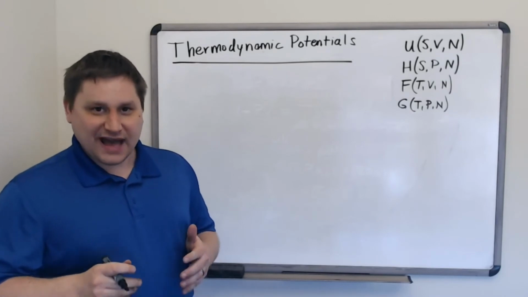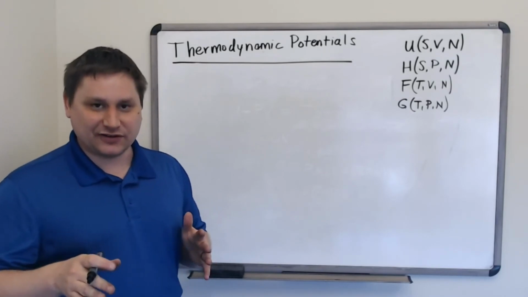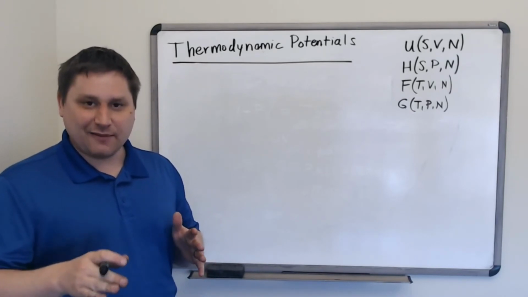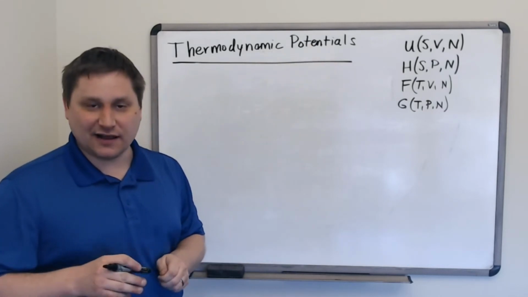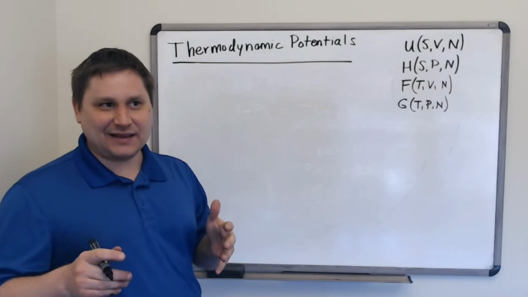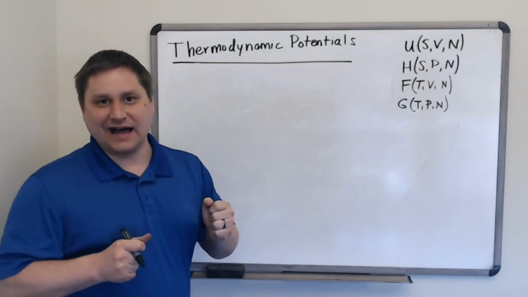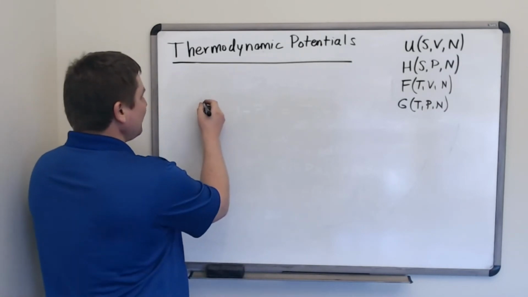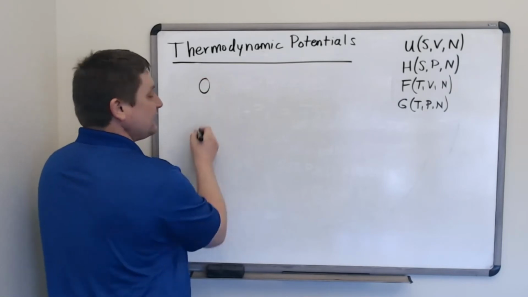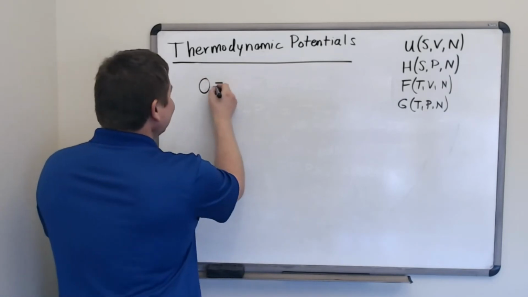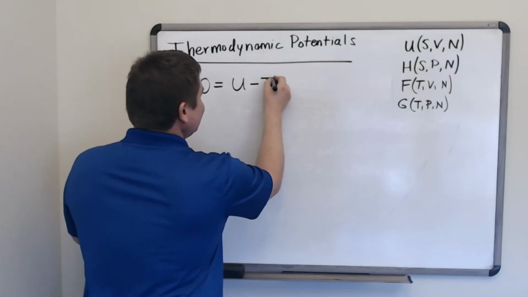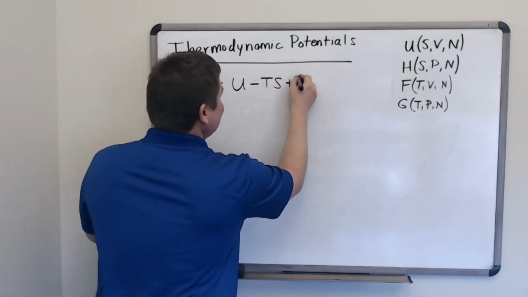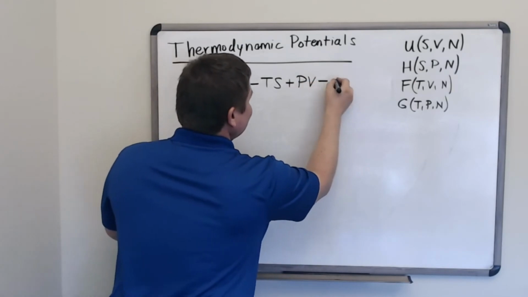We can derive actually a very powerful relationship between thermodynamic quantities, in addition to all the thermodynamic potentials we just discussed, by doing something that seems like it almost ought to be not allowed. Let's define a thermodynamic potential called the zero. It is equal to U minus Ts plus PV minus mu n.